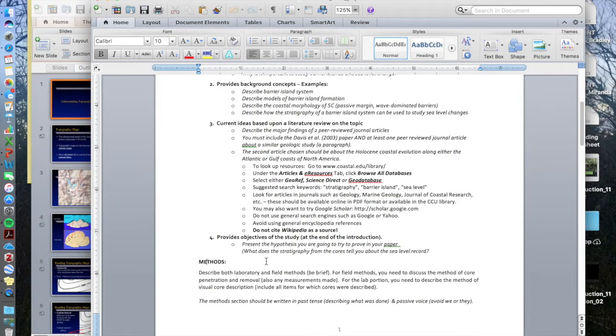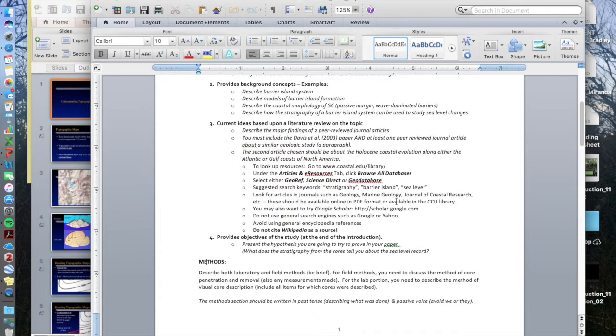Then you'll have a section based on the current literature review. You'll essentially write a summary for 2 different papers. We've already done the Davis paper, so you can use that, and you'll look up a second paper of your choosing that applies to what we're studying.